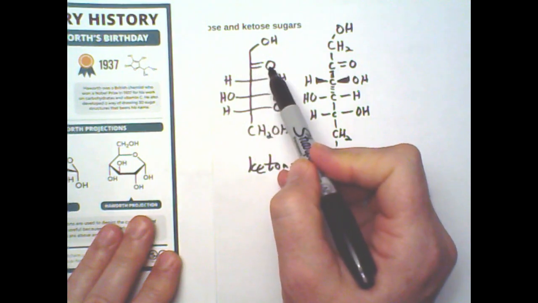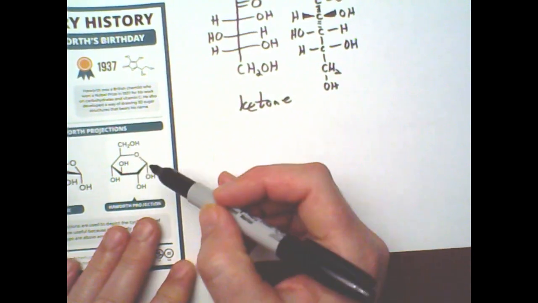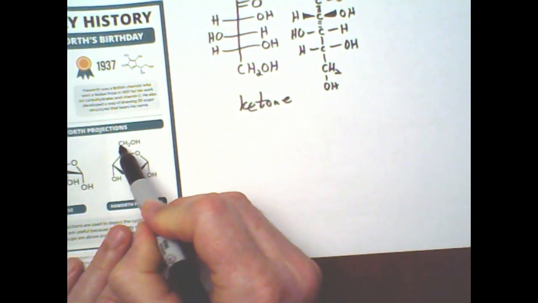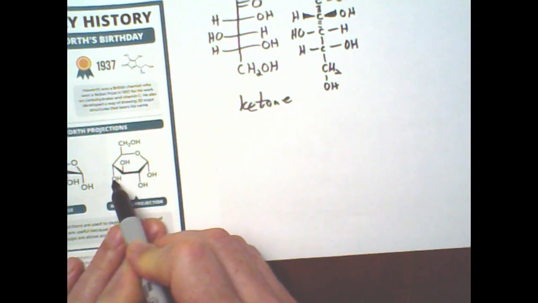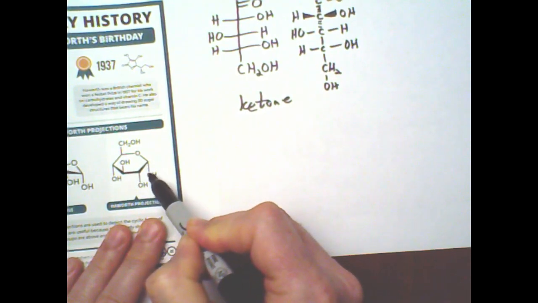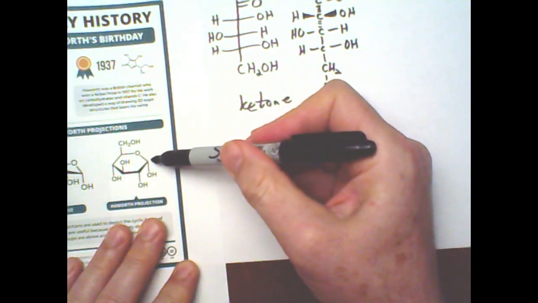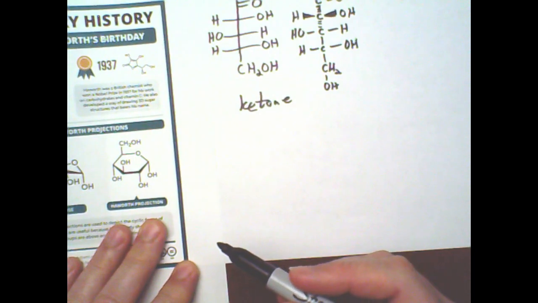But they won't be a carbonyl to the same oxygen. So let's take a quick look. This carbon has 1 bond to oxygen. This carbon has 1. This has 1, 1, 1, 1, and a second. So this carbon here has 2 bonds to oxygen.